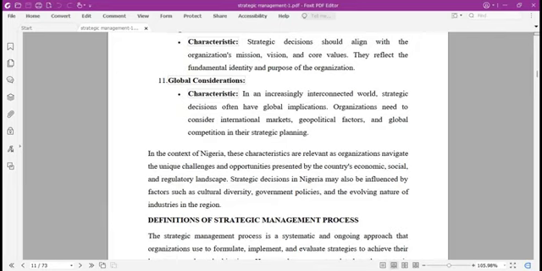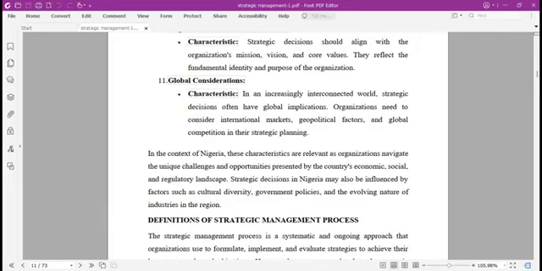Decisions made must not in any way affect the overall strategic planning of such an organization. Put into consideration the geopolitical factors in the competitive world or market.